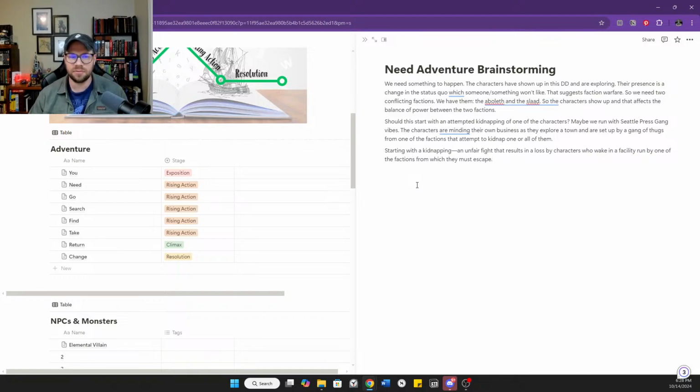Something to consider: everything really depends on what level we start this at. So we'll make a note. From which they must escape. Maybe if we start at a low level, the characters have lost all their equipment and must scavenge equipment together to survive.